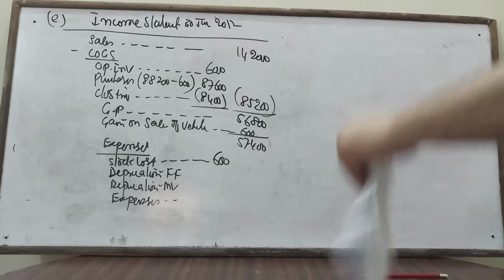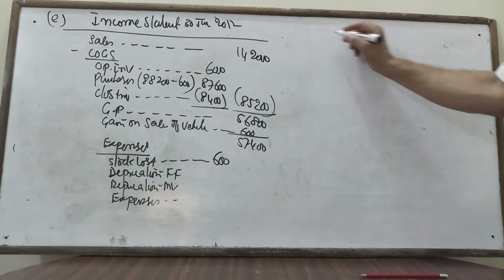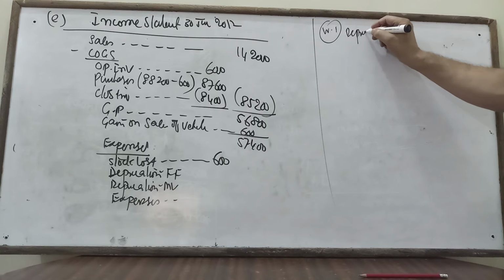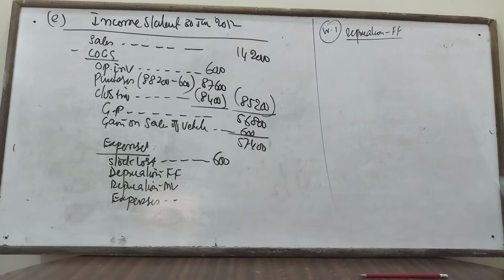First of all, working number 1, depreciation of fixture and fittings. When we calculate the depreciation on fixture and fittings, let me check it.